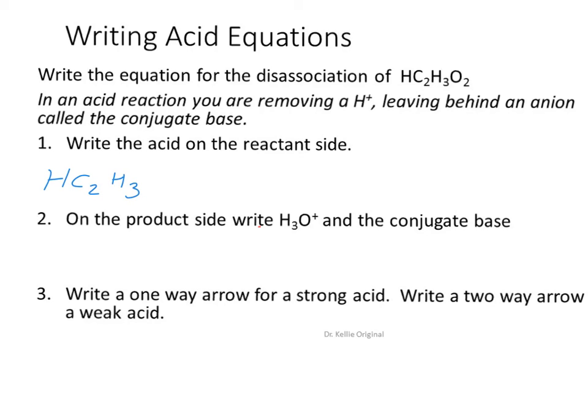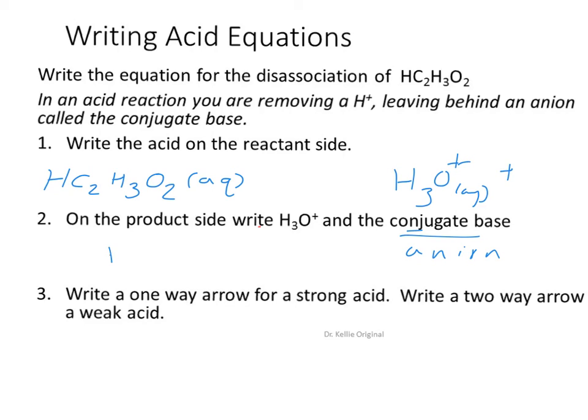Remember, by convention, you always list an acid as being in the aqueous phase. On the product side, you're going to write the hydronium ion, again in the aqueous phase. And then you're going to write the conjugate base, or the anion.